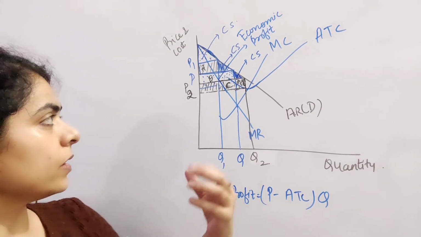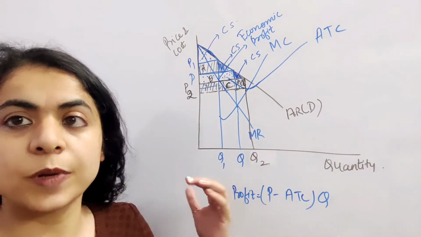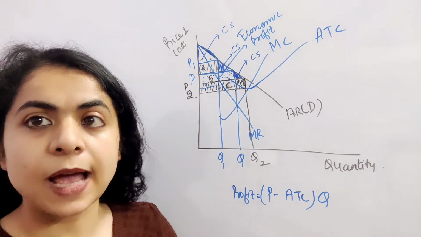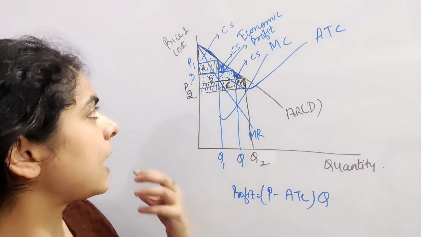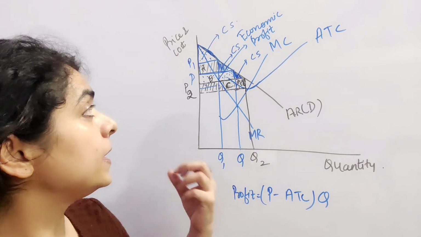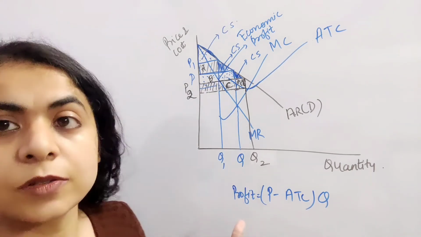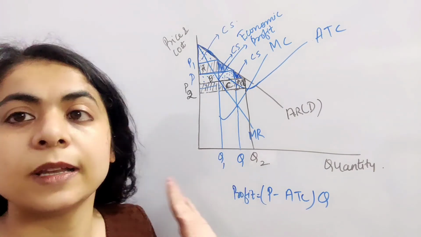So if a consumer is buying more units and has to pay less price, he will be left with more consumer surplus as compared to those consumers who are buying fewer units and therefore paying more price for the product, who will be left with less consumer surplus, but overall economic profit for the firm in this case will increase.